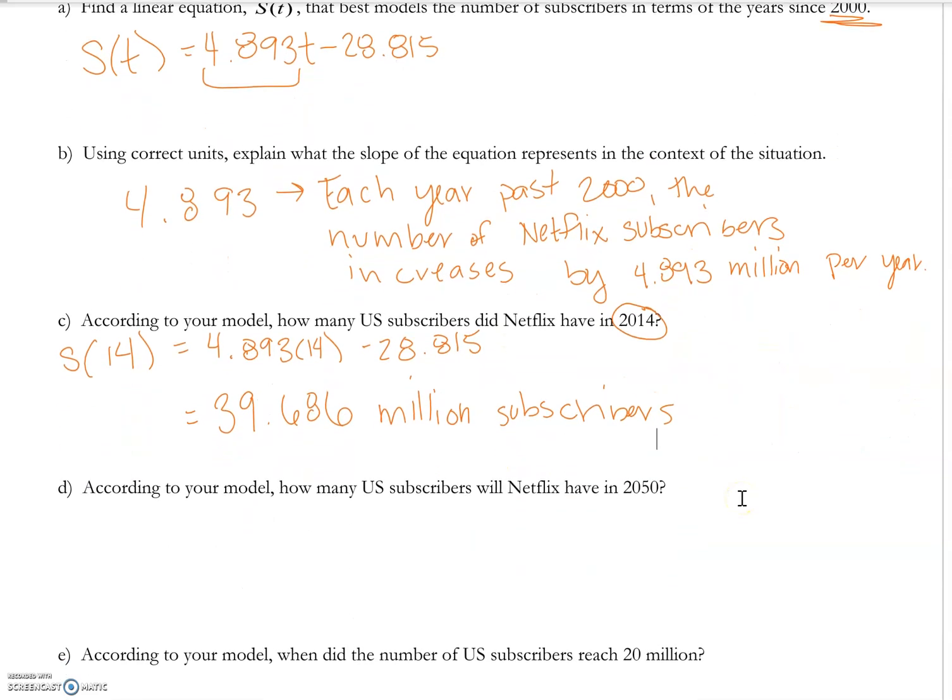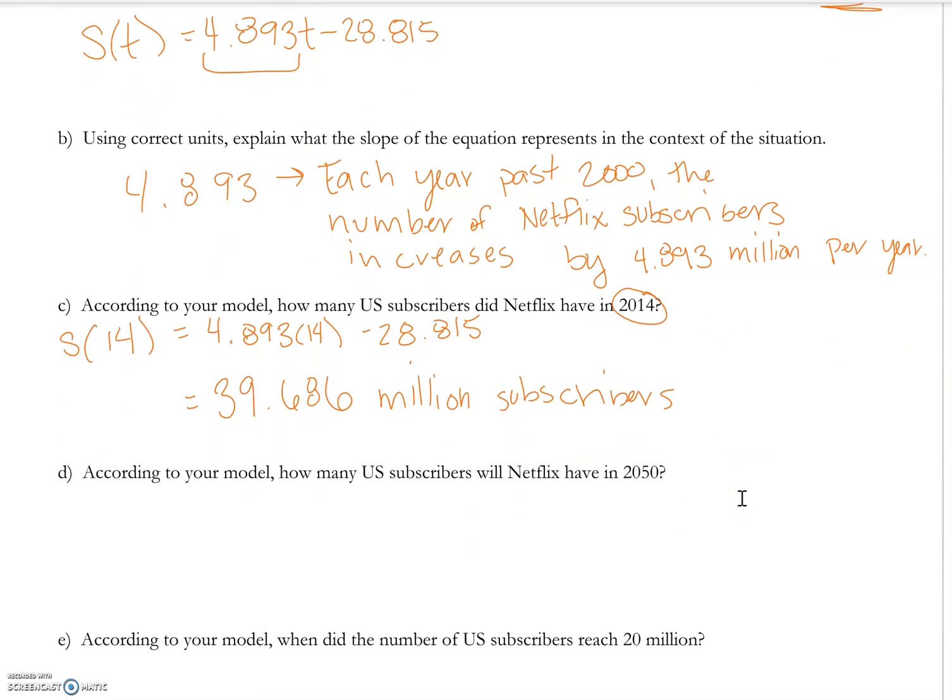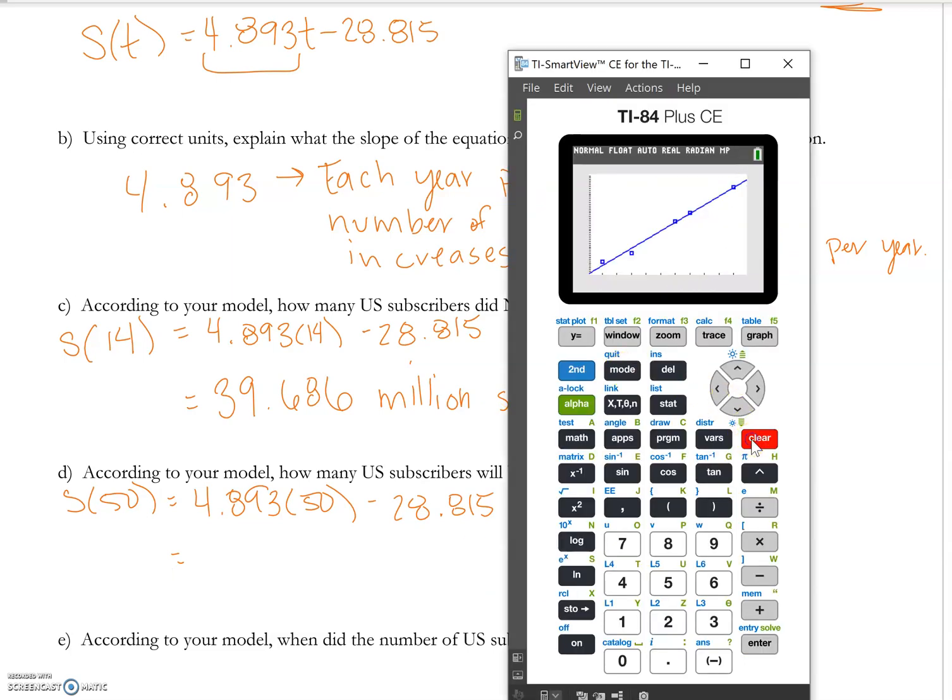Part D says, according to your model, how many US subscribers will Netflix have in 2050? I'm going to show you a different way to do this one because we've practiced our calculator quite a bit now. So I'll plug in the number 50. And on this one, I'm just going to do order of operations. So if I go back to my calculator, I can hit clear. Don't worry, your data is still all saved.